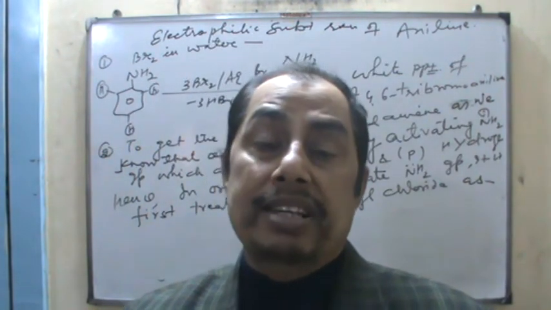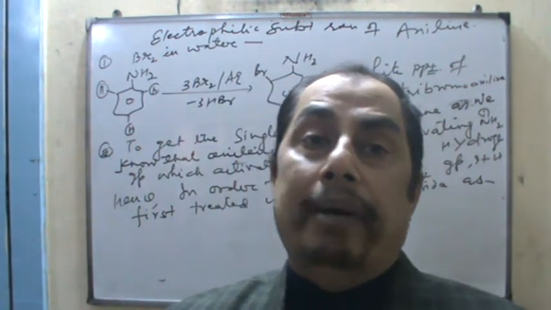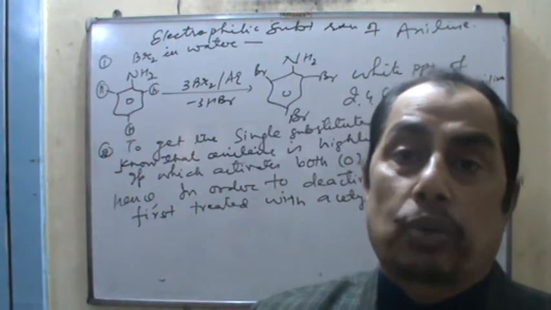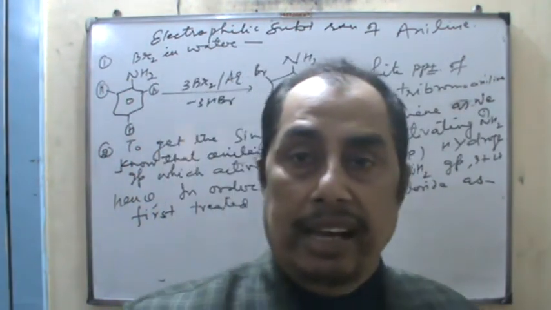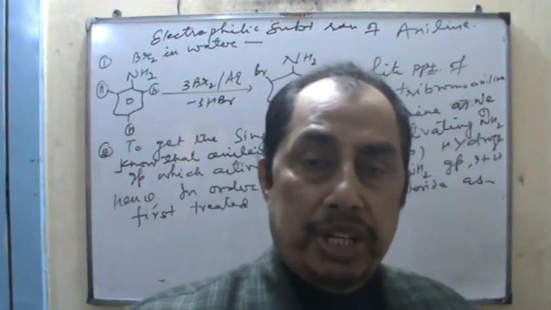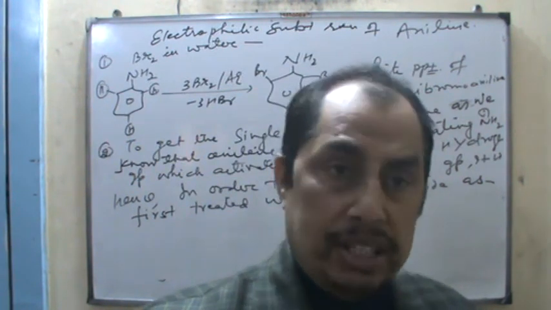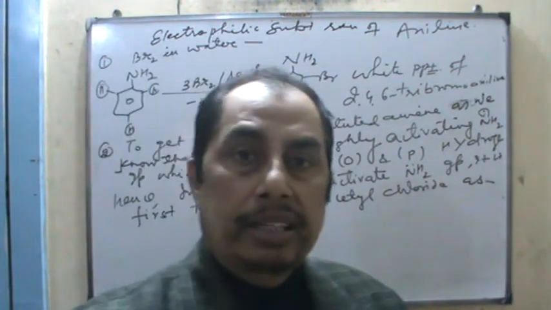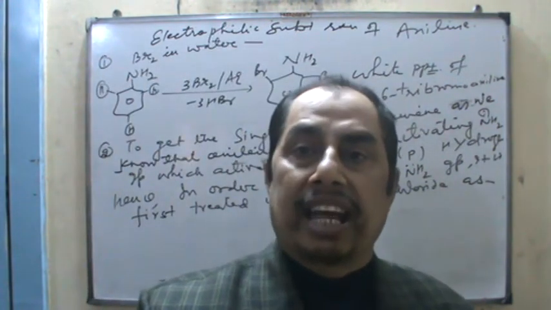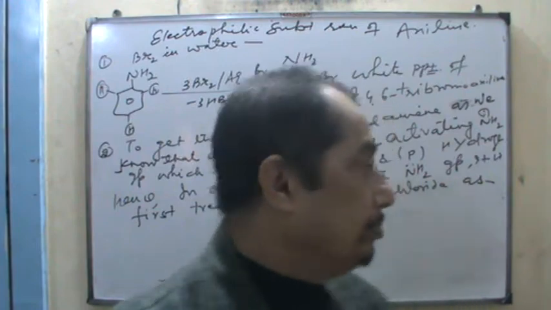And how do you deactivate the aniline? By providing ethanoyl chloride or acetyl chloride. So before proceeding with electrophilic substitution reactions, when you want to get the single product, it is mandatory to first do acylation of aniline.